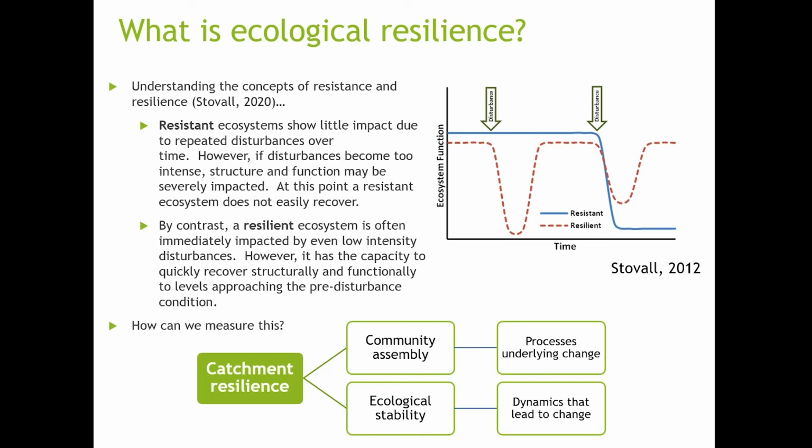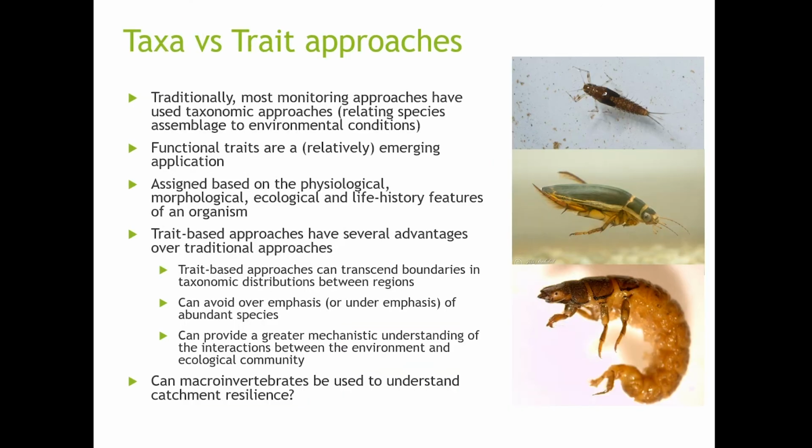So I'll be specifically looking at how we can measure this using two different approaches: the community assembly approach and modelling, which specifically looks at the processes underlying change, and then ecological stability, which hopes to quantify the dynamics that lead to change.